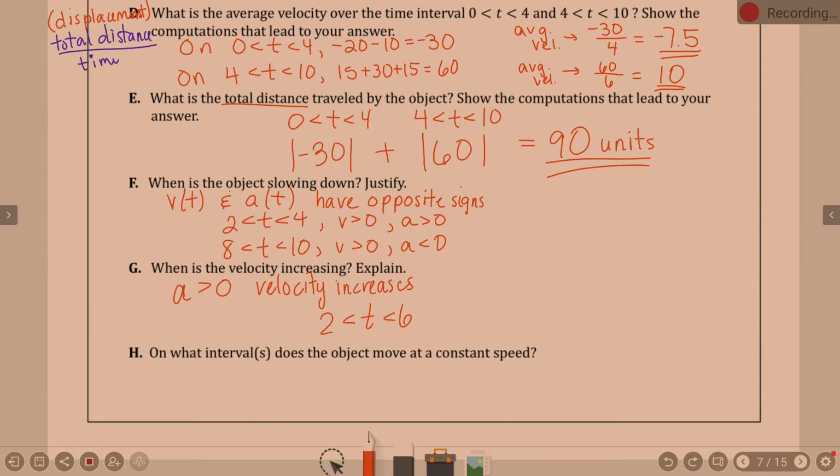And H. Why couldn't they have made this the first question? On what interval does the object move at a constant speed? Constant speed is going to be when what happens? Acceleration is 0. When is acceleration 0? 0 to 2 and 6 to 8.